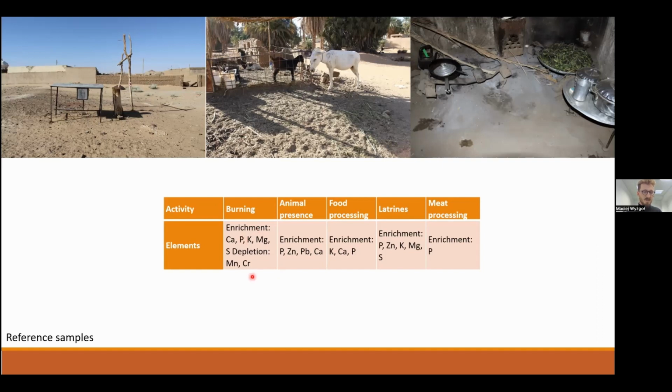So burning is apparently associated with some enrichments in calcium, phosphorus, potassium, magnesium, sulfur. Animal presence, almost the same elements, actually. You can see latrines here, meat processing and food processing. So this table was used for identification of this elemental pattern with a particular activity.